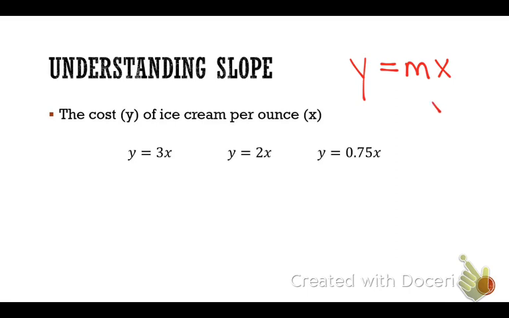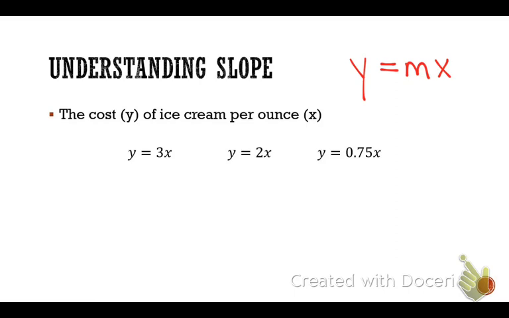So this is what the m value is telling me. You've got to understand this. Now that you're looking at the equation here, y equals, so y stands for what? The cost. X stands for however many ounces.